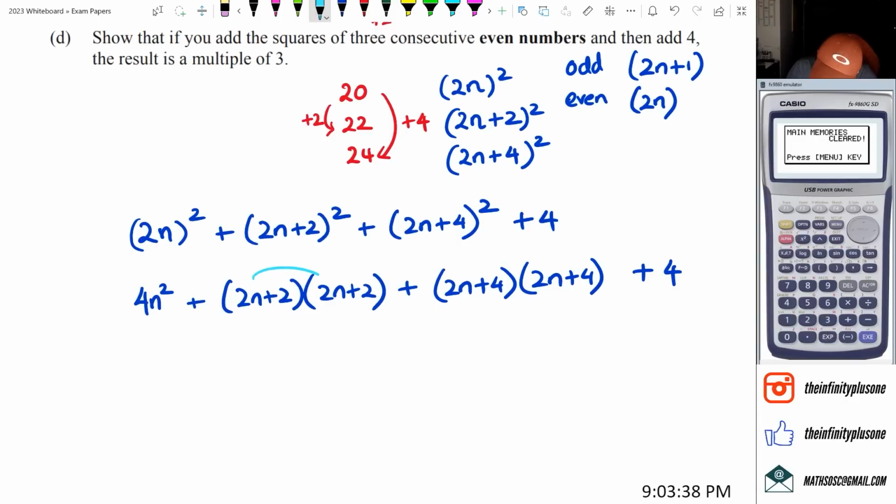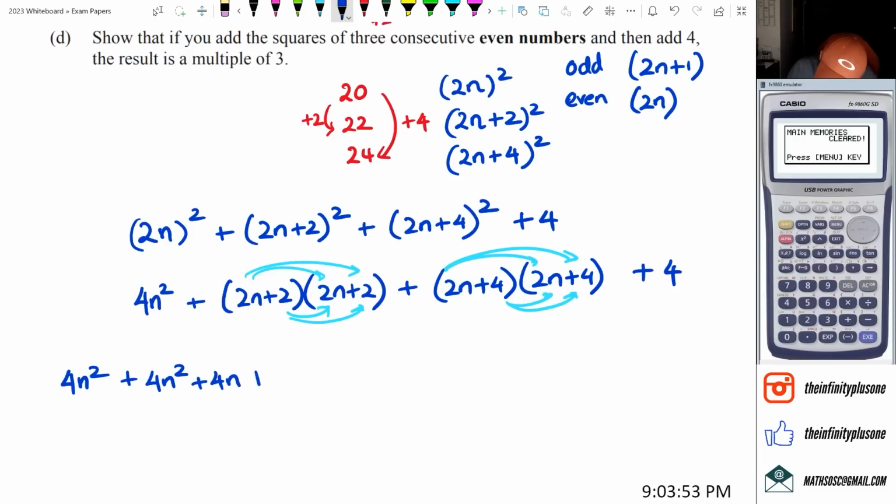So I've got a whole bunch of quadratics that I need to expand, which I'm going to do slowly here. I've got 4n squared plus 4n squared plus 4n plus 4n plus 4, plus 4n squared plus 8n plus 8n plus 16 plus 4.